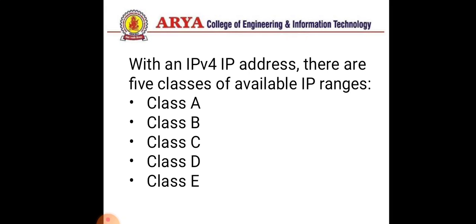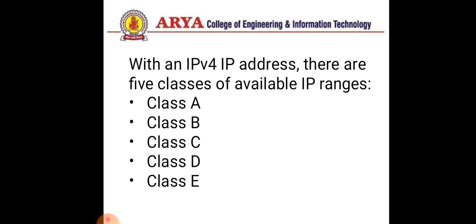Firstly, class A. Class A having 0 in the first bit indicates that it is a class A network address. The network field is 7 bits long and the host field is 24 bits long.